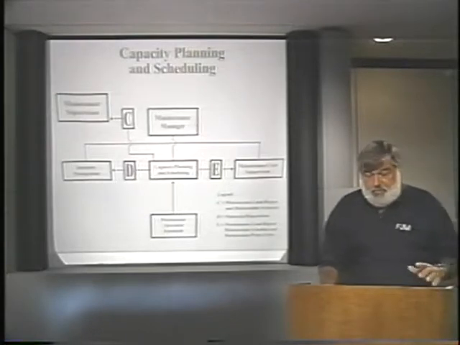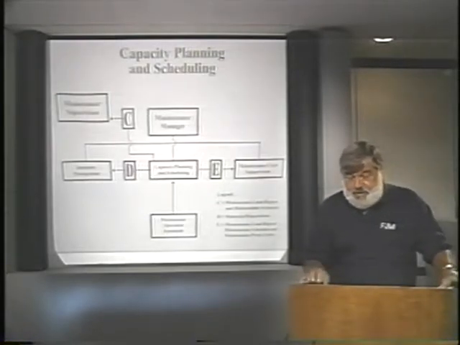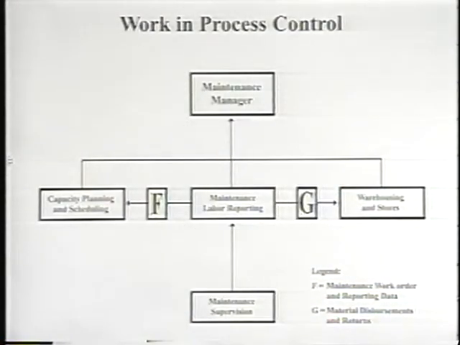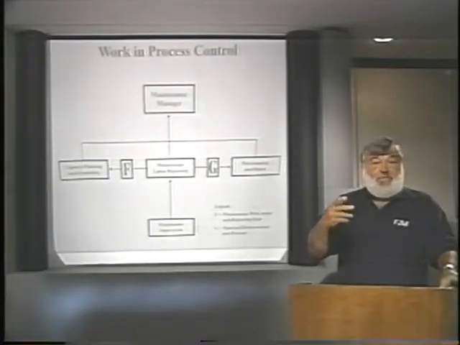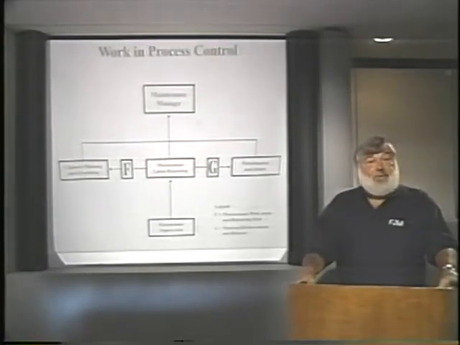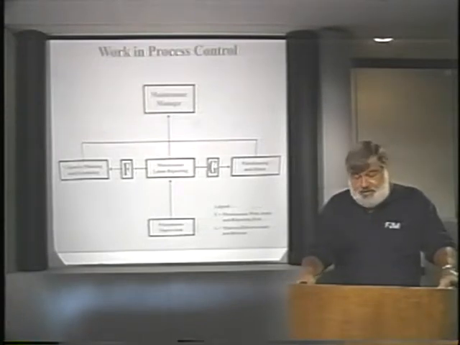Now, moving forward, we have work in process reporting. And basically, this exhibit ties together the warehouse to support the issuance of the work order to the individual craft personnel. We'll get into how that support is developed in greater detail in a later section.